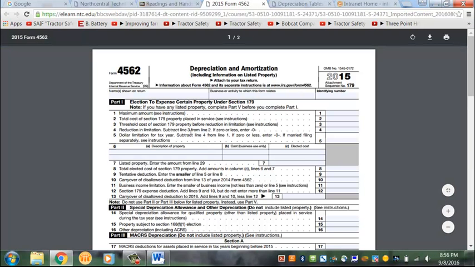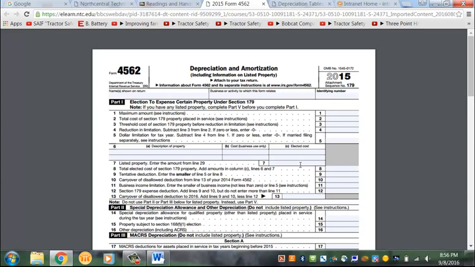Once this opens up, we can see in Part 1, or this first section, this is all for property that is being taken Section 179. So this is all of the assets that are going to be expensed right away. So we can see that we have to do a description of the property, the total cost, and then the elected cost. Normally the elected cost is going to equal the total cost, but it doesn't necessarily have to.